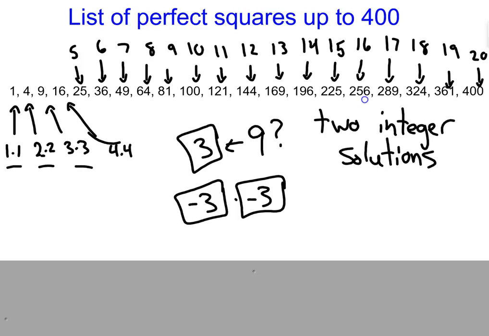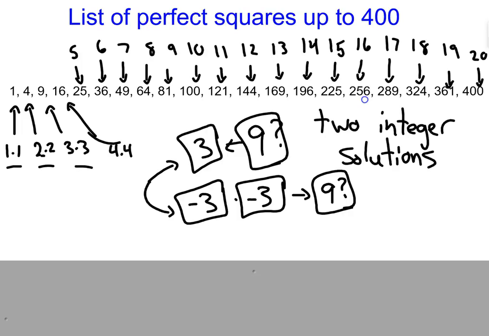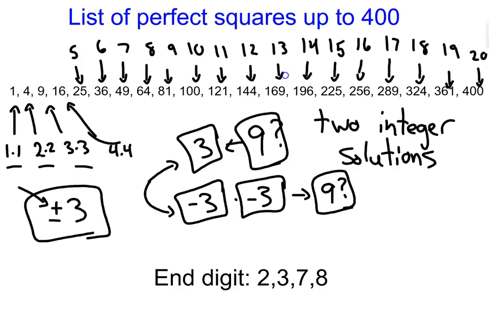Any two negatives multiplied together gives you a positive, and 3 times 3 is 9. So you get the same result. So the square root of 9 has two answers, 3 and negative 3. We denote this by saying plus or minus 3 using this symbol.